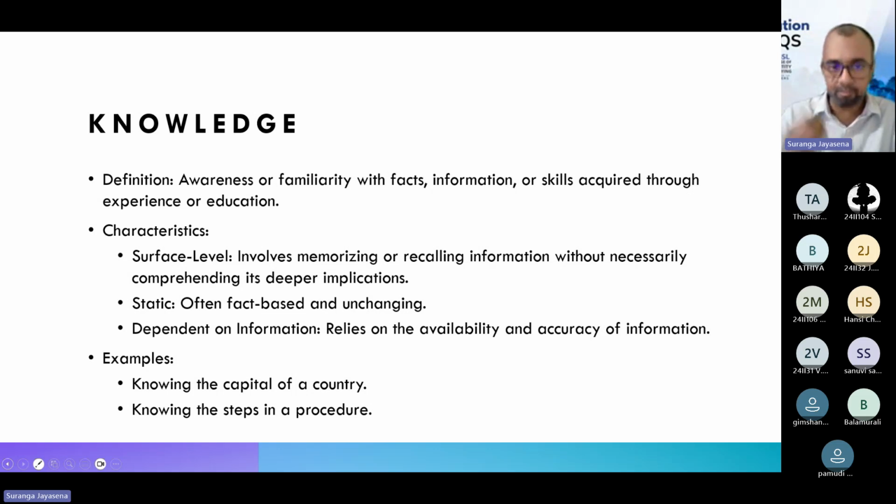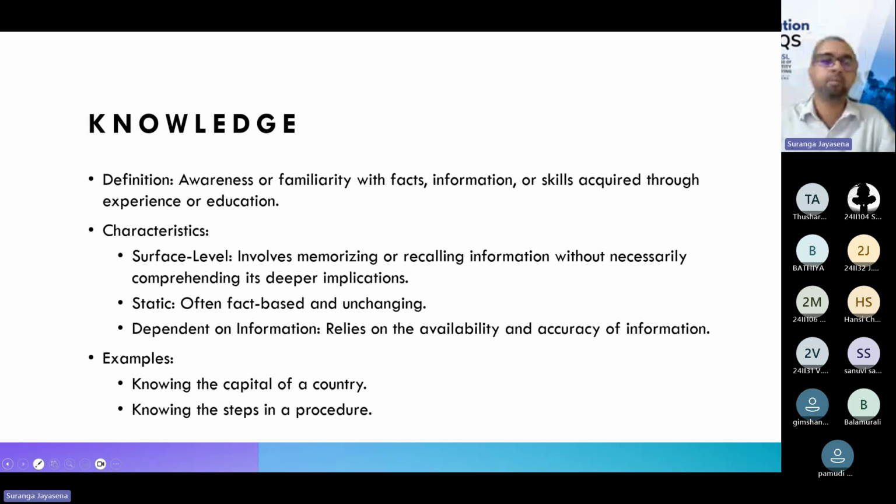So that information you receive and you keep it, that is knowledge. So you know so many things, probably countless things. You can't even remember what you know. It's a huge amount of things that you already know, and these are valuable and you are keeping them in your memory.